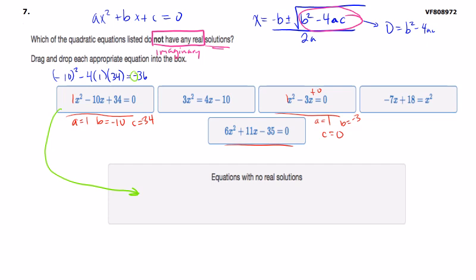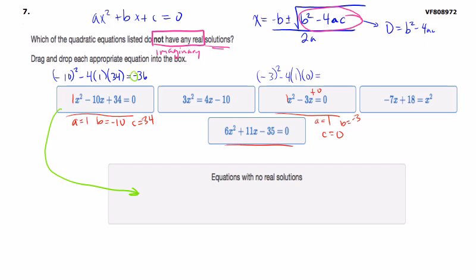That's what C is when you don't see it: when you don't see it, it's a 0. Now that we have that accounted for, we can plug it into our formula. It's going to be negative 3 squared minus 4 times a, which is 1, times c, which is 0.